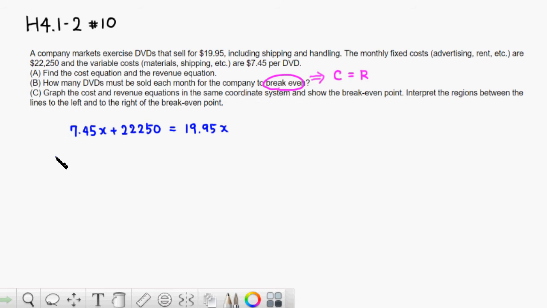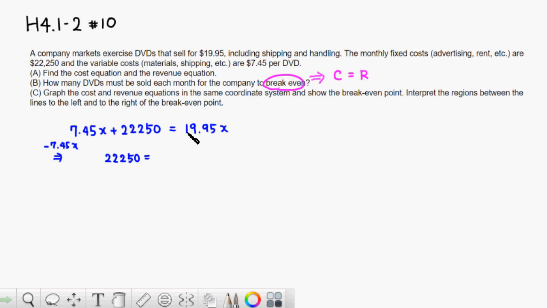All right, so let's solve for x. All right, so since we are looking for the number of DVDs, first I would probably subtract 7.45x, so that we have 22,250 is equal to, right?